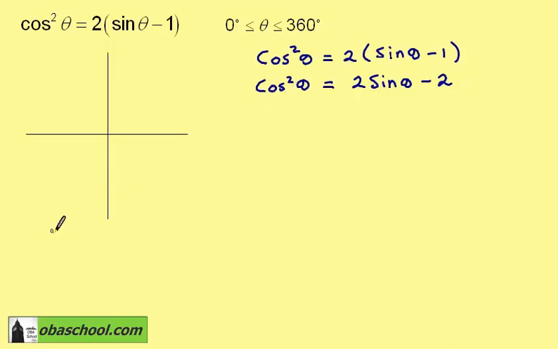We now use the fact that we know the identity sin squared theta plus cos squared theta is identical to 1. Rearranging, cos squared theta is identical to 1 minus sin squared theta.